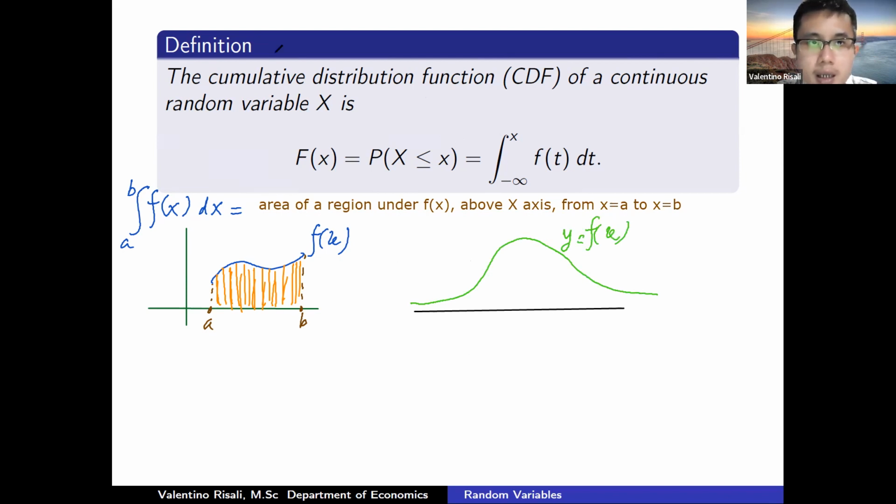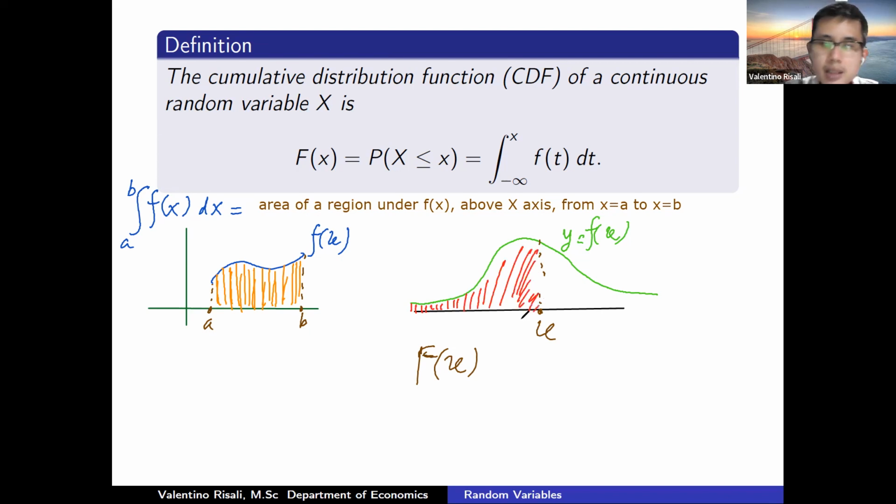Yeah, and then I have x in this point. Now the cumulative function at x represents the area of this region from infinity to x.